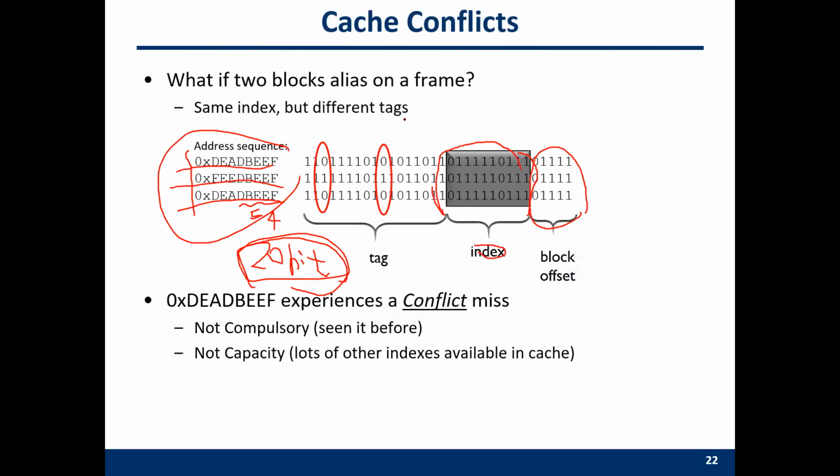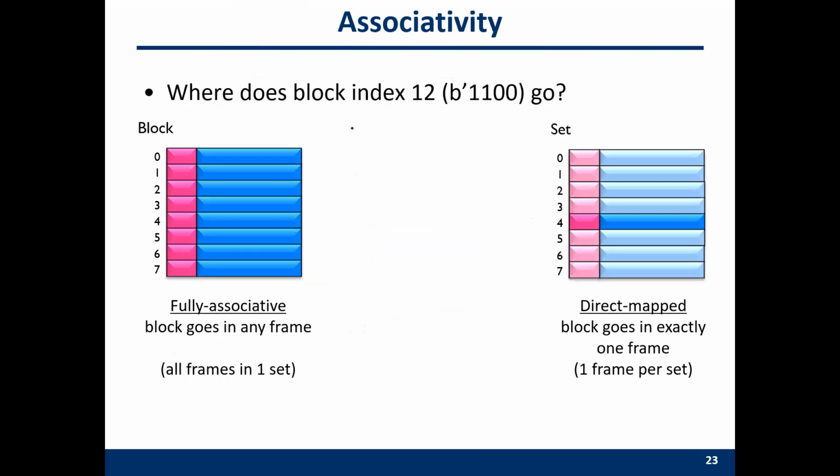Then we create a concept named associativity. For the fully associative cache, one memory address, one block, one cache line can go to any frame, any cache location. So we call this phenomenon all frames in one set.